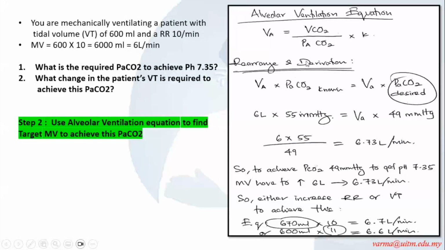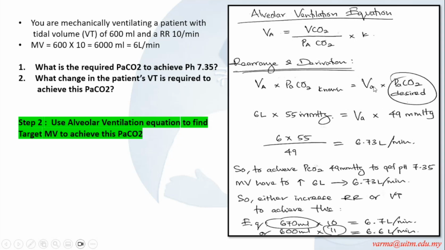If you rearrange the equation and derive it, you will get the alveolar ventilation known times the partial pressure carbon dioxide known is equivalent to the alveolar ventilation desired times the partial pressure carbon dioxide desired. Okay, we know currently the PCO2 that we have is 55, and then we want 49 millimeter mercury. We already know we are ventilating with a minute ventilation of 6 liters now.